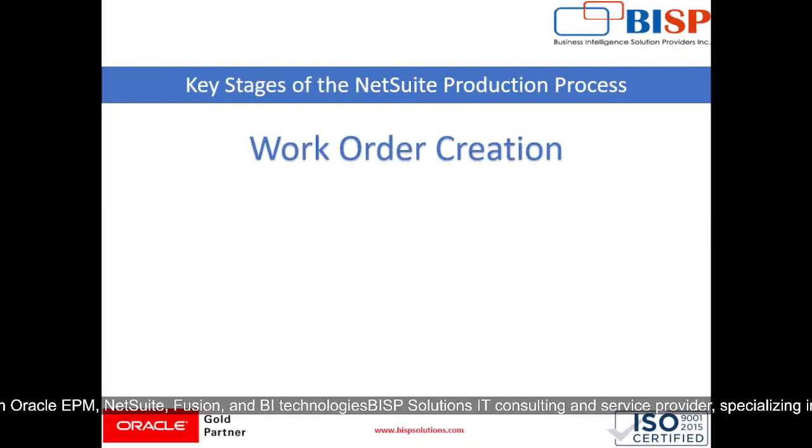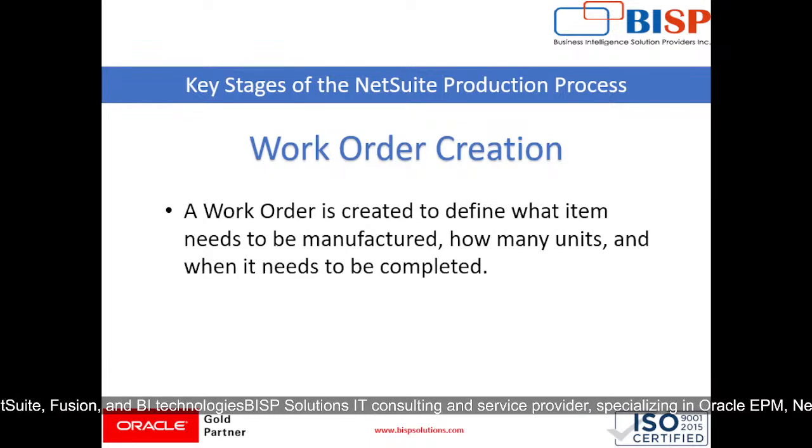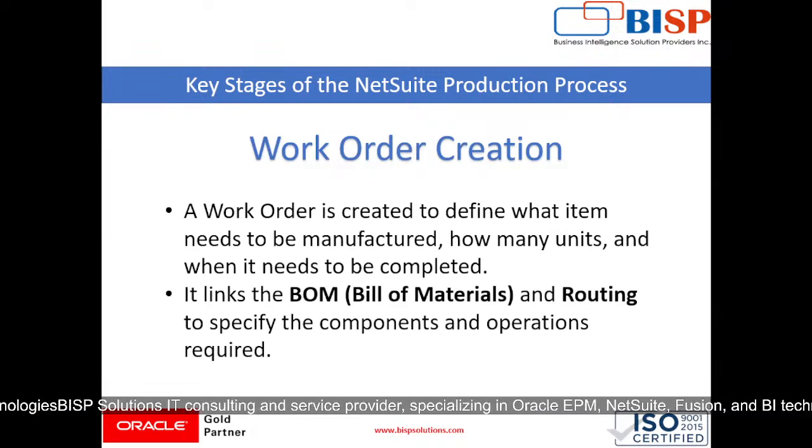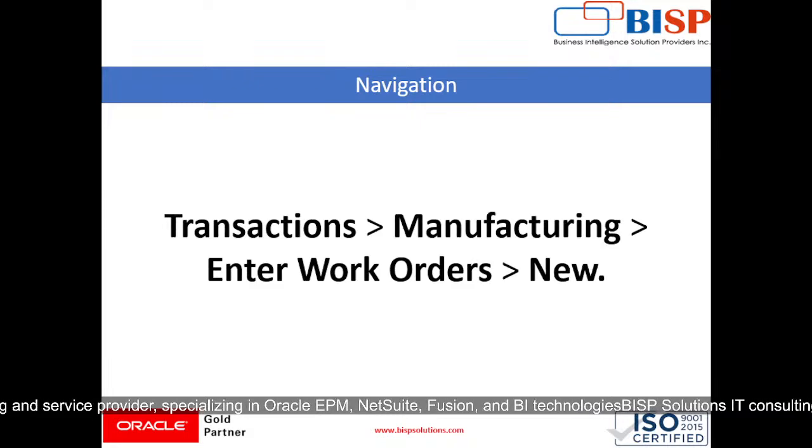Then next is work order creation, where a work order is created to define what item needs to be manufactured, how many units, and when it needs to be completed. It links the BOM, which is bill of materials, and routing to specify the components and operations required for the same. For navigation, we have to click on Transactions.